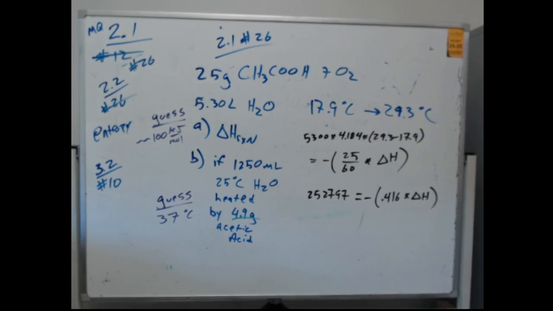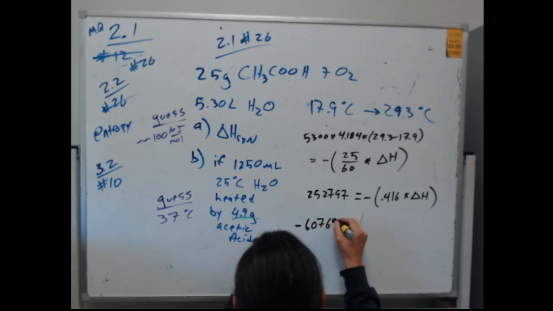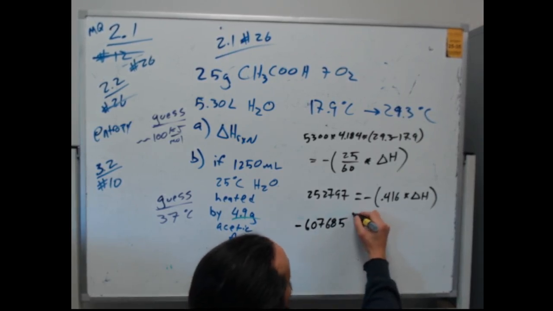Because now I'm going to go ahead and divide by negative 0.416. I'm going to get negative 607685 units in joules per mole.